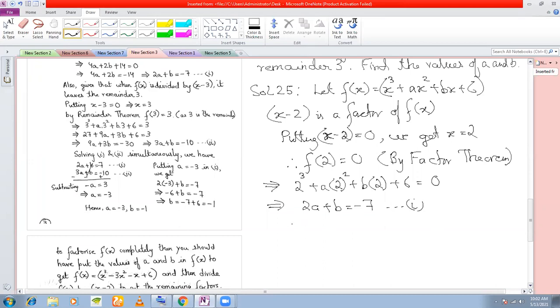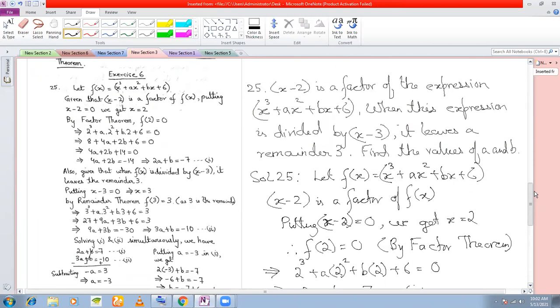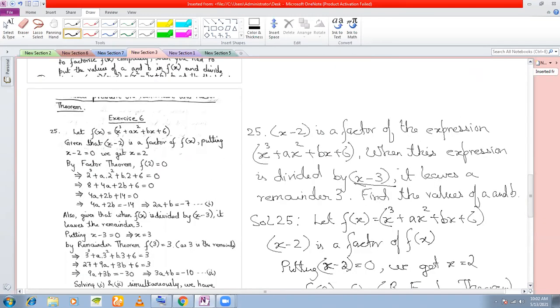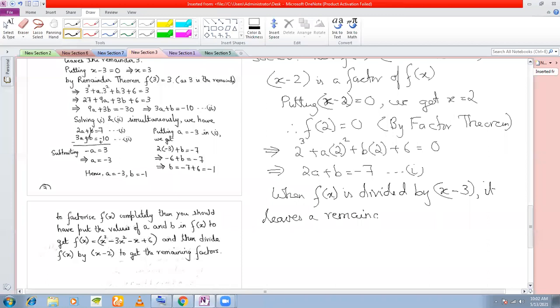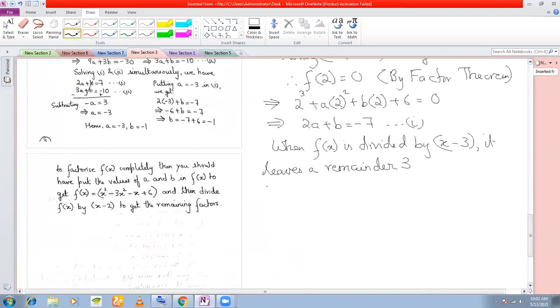Next, what is the next condition given in this problem? It is given that when f(x) is divided by x minus 3, it leaves a remainder of 3.